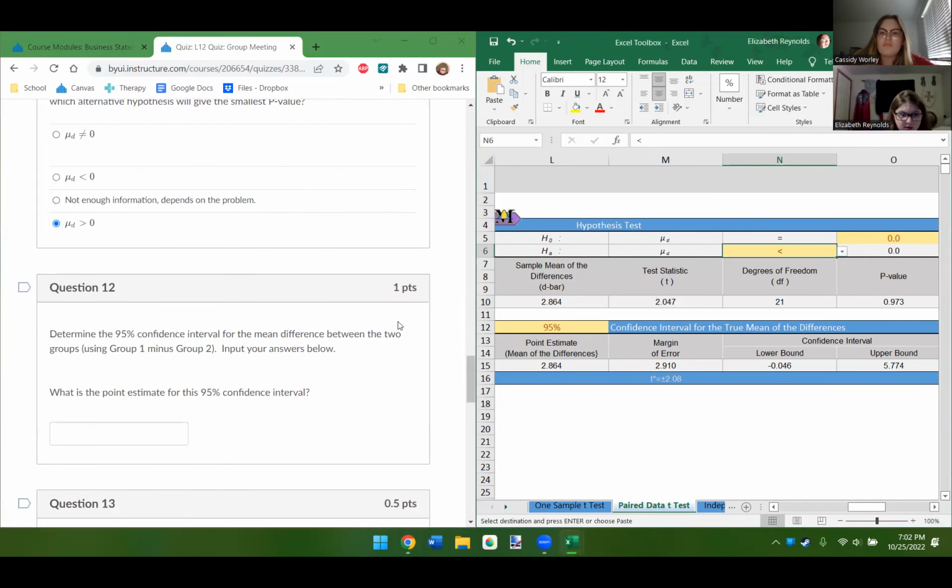Because whether it's greater than, or not equal, as I'm changing it, the point estimate, which is what they're asking for, is not changing. So I don't know if it actually matters for solving this.